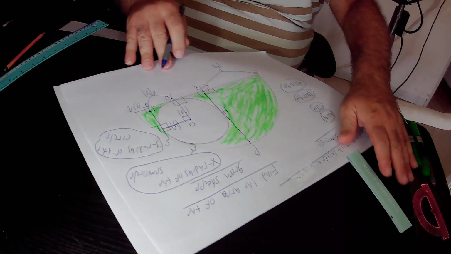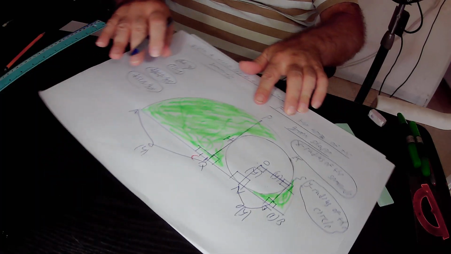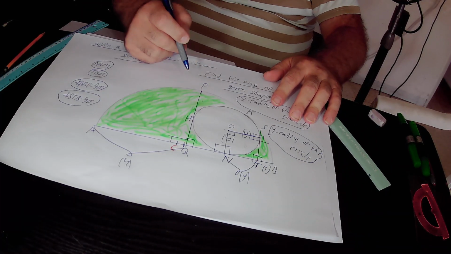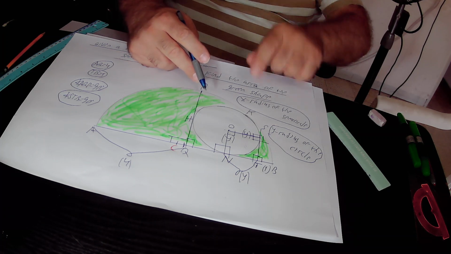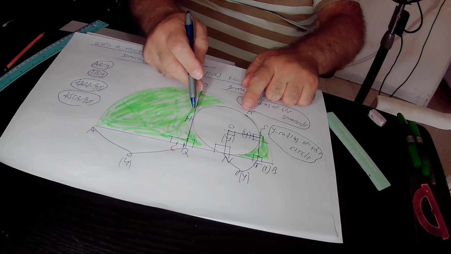We repeat the same process on this side of the drawing. That is to say, we will join points O and H together by a straight line.